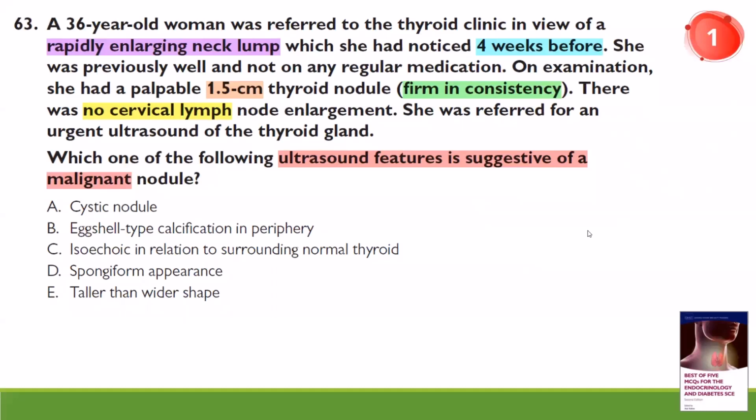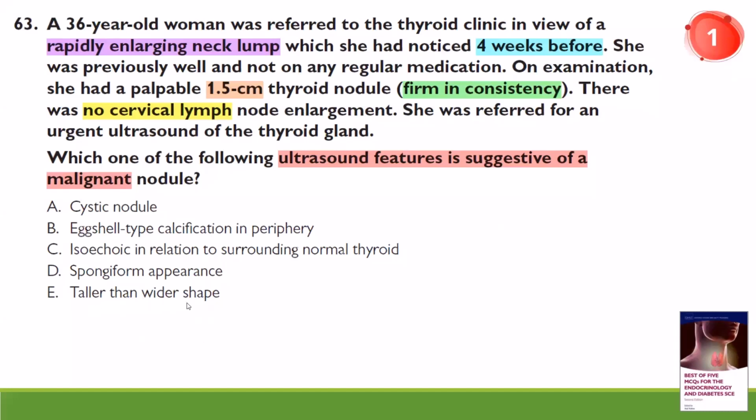Another question: which one of the following ultrasound features is suggestive of a malignant nodule? Of course, choose microcalcification if it is present. But here, eggshell type calcification in the periphery is a benign feature.